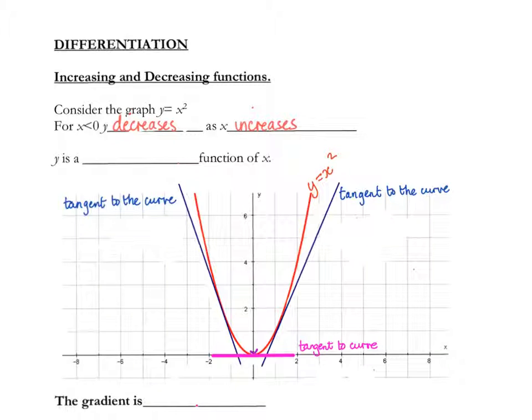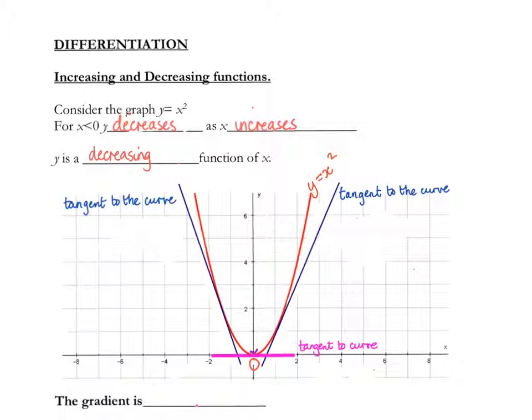And we can see that here as x increases, so getting towards the origin here, then y decreases. And what we say here is that y is a decreasing function of x.